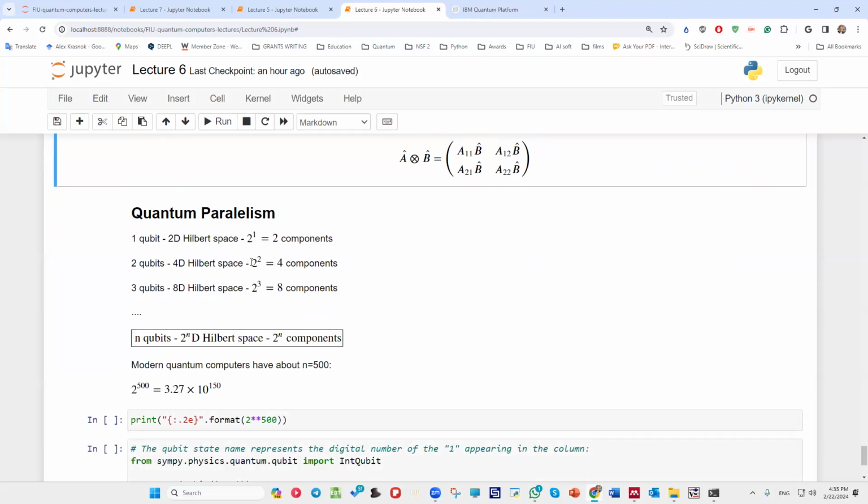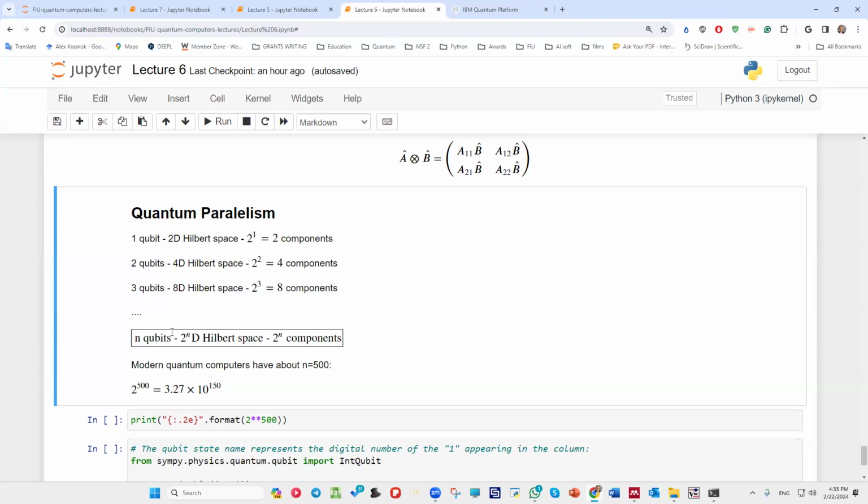All right, and a few words about quantum parallelism, finally. As we discussed, if you have a system of n qubits, it is represented by states with 2 to the power of n components, acting in a Hilbert space of 2 to the power of n dimensions.